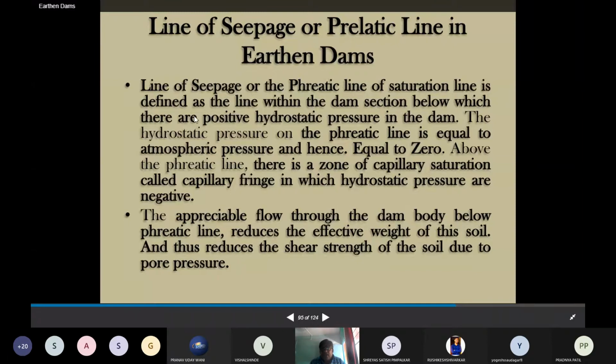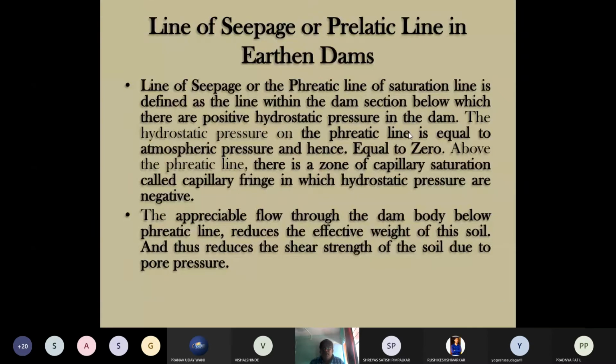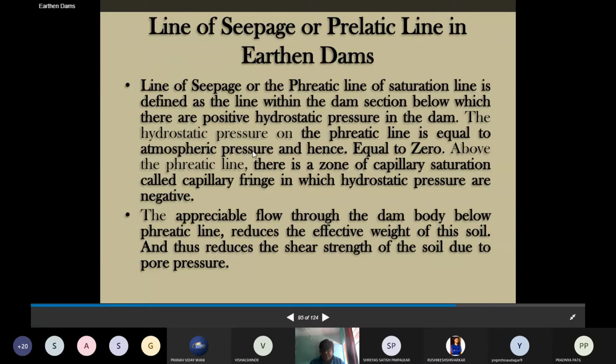Along the phreatic line the pressure is atmospheric, below that line is the positive hydrostatic pressure, and above that line is the negative hydrostatic pressure. So the hydrostatic pressure on the phreatic line is equal to the atmospheric pressure, or you have to consider it as zero, and above the phreatic line there is a zone of capillary saturation called the capillary fringe, in which the hydrostatic pressures are negative.